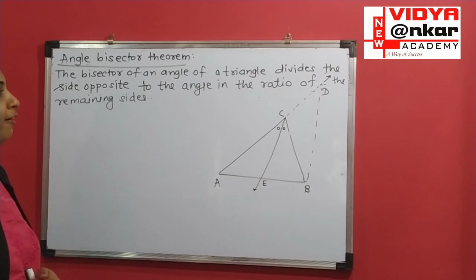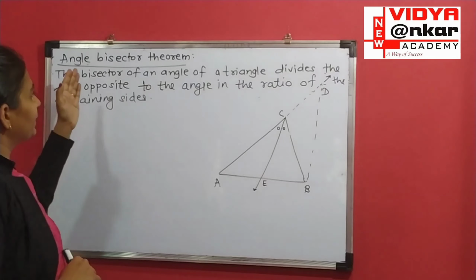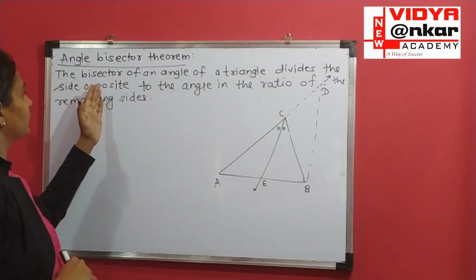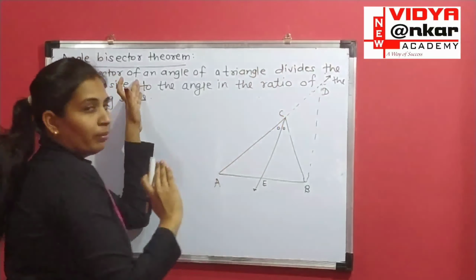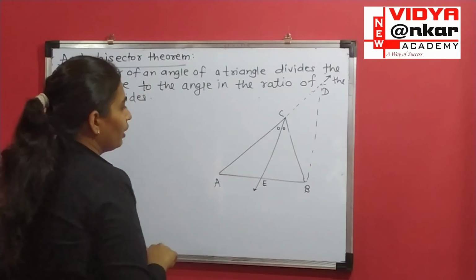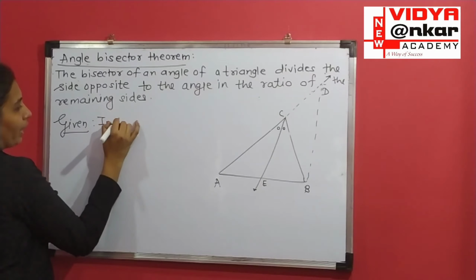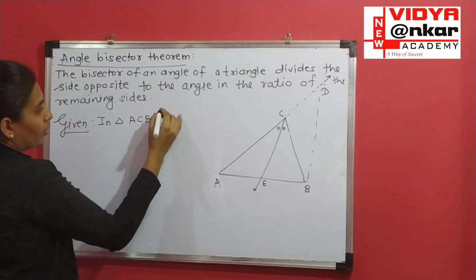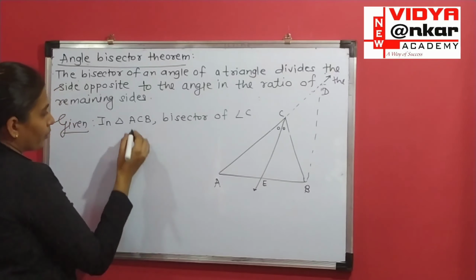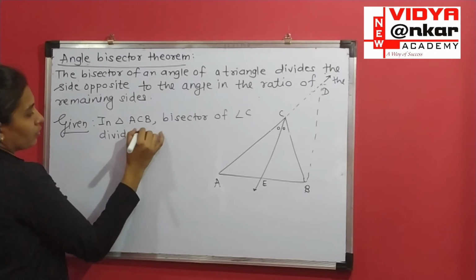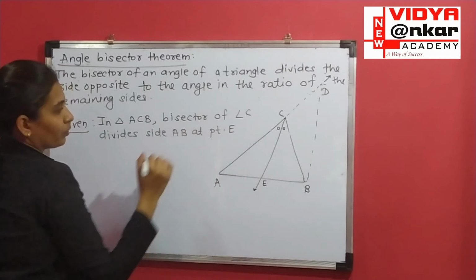Now students, we have to split it into two parts again. What are two parts? The bisector of an angle of a triangle divides the side opposite to the angle in the ratio of the remaining sides. We separate the part up to 'to the angle in the ratio'. So what will remain? We will write in given: in triangle ACB, bisector of angle C divides side AB at point E. Okay.